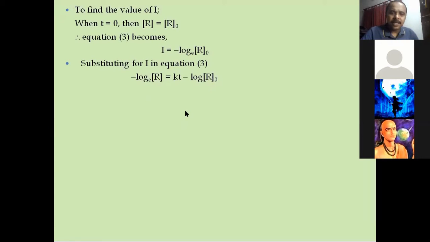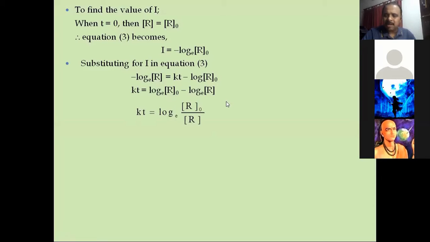Now this is the equation, but generally we use logarithmic forms which are to base 10, not to base e. Most simplified form of log is log to base 10. So kt is equal to, transferring this, log R naught to base e minus log R to base e. Now what is log a minus log b?